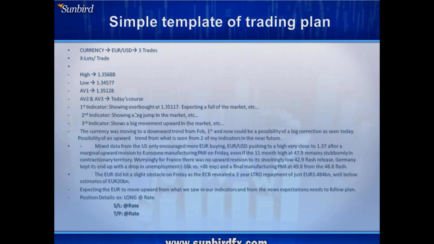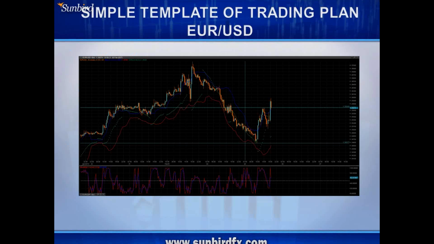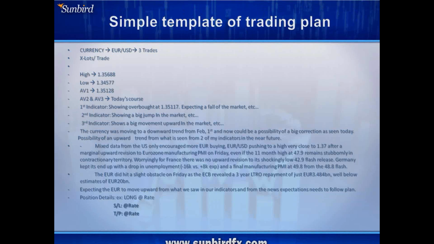I put my first indicator showing overbought at 1.35117, expecting a fall of the market, etc. You can write down a lot of things. My second indicator shows me a big jump in the market. As you can see here, there was a big jump in the market, and the second indicator showed it. All right, my third indicator shows a big movement upward in the market.